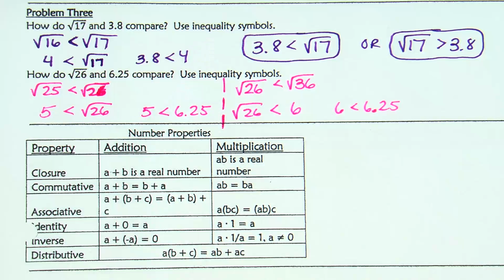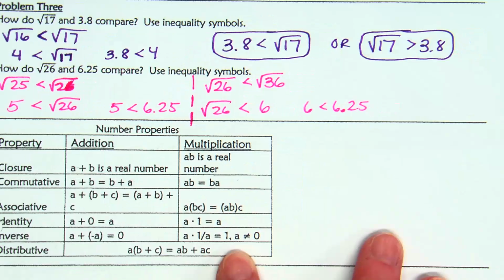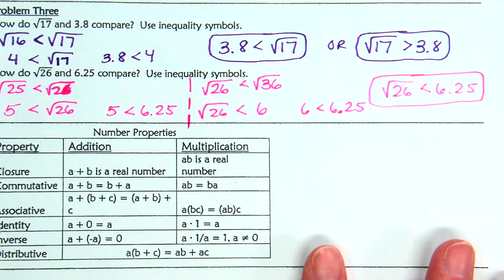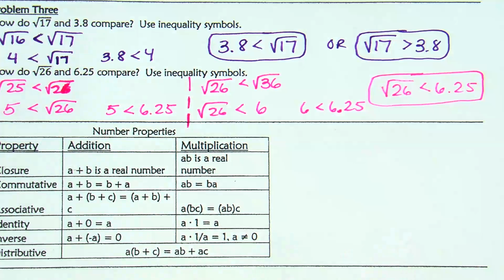Square root of 26 is smaller than 6, but 6.25 is bigger than 6. So now can you make that comparison? Yeah, what do we know? Square root of 26 is smaller or less than 6.25. And if you'd prefer to reverse that the other way, I don't have a preference. As I said, I can't remember exactly what Math Excel expects you to do, but okay.